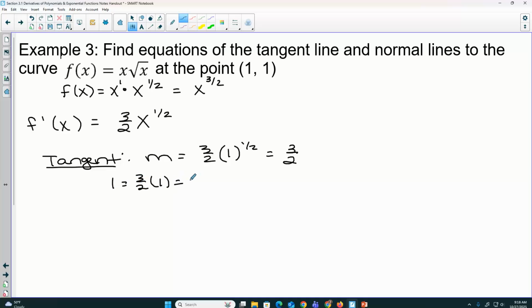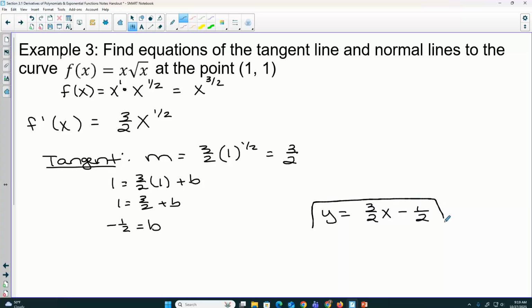Most of you are using y equals mx plus b, so I'll do that. So my y-intercept is -1/2. So our equation is y equals 3/2 x minus 1/2.